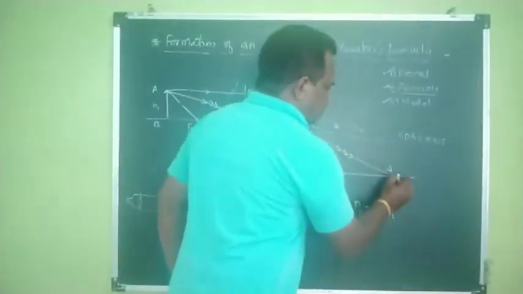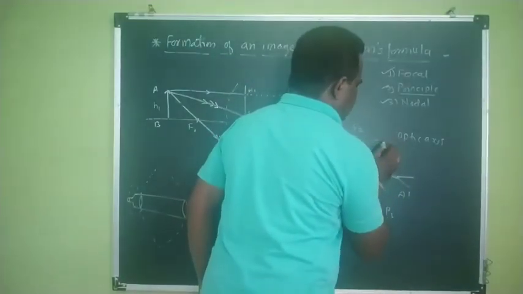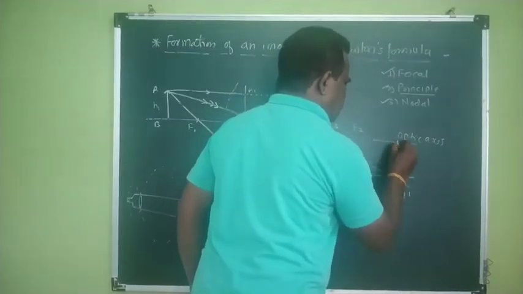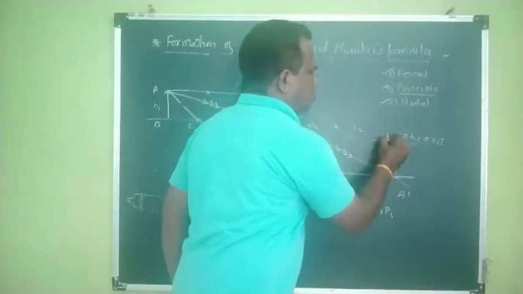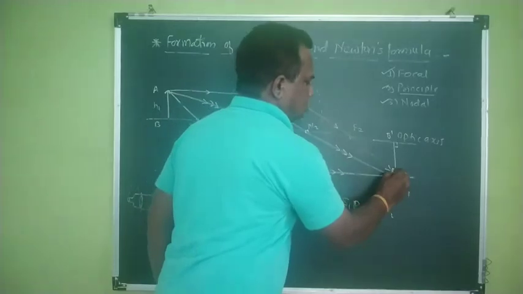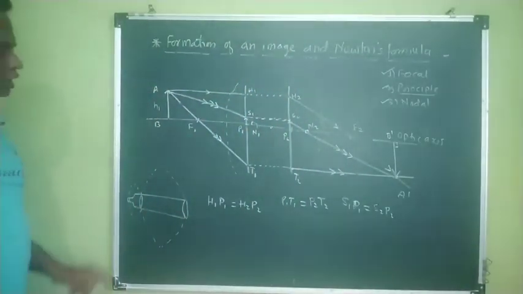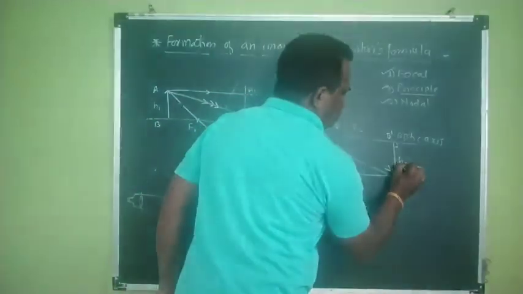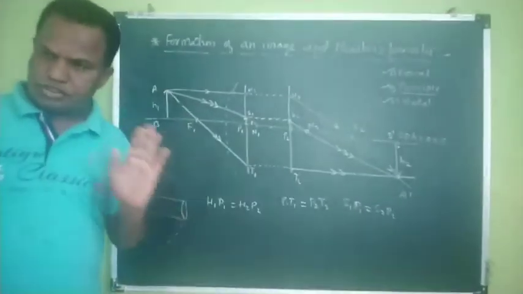Now from point A dash you draw a perpendicular line to the optic axis. Then indicate this point as B dash. So A dash B dash serves as the image of this object. H2 is the height of the image and H1 is the height of the object.